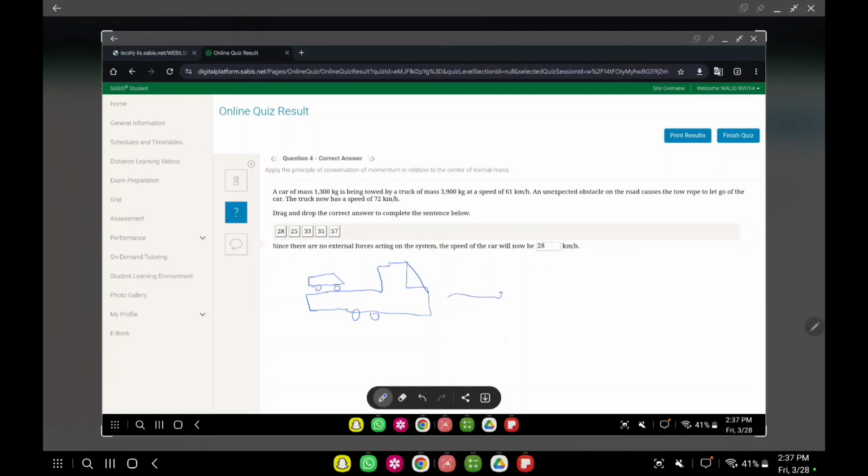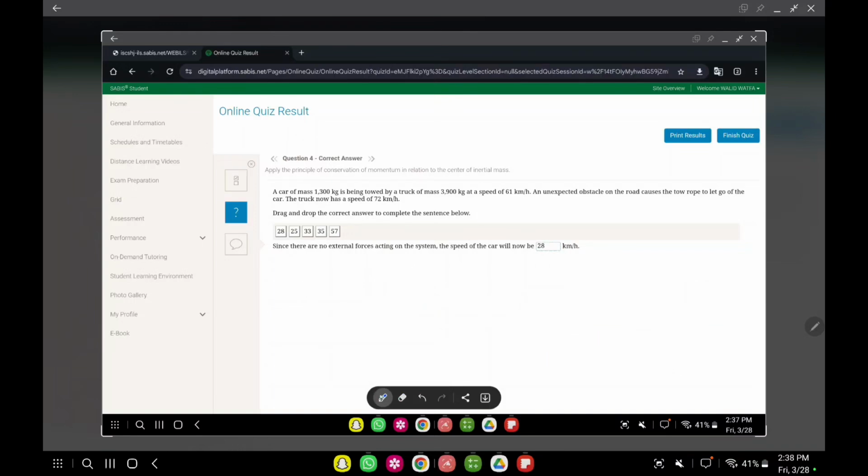So it's moving, and then it suddenly splits into two pieces: the car and the truck. So it now splits into two pieces. Isn't this like what we solved in the previous question with the shell, the big shell exploding into two smaller pieces? Yes. So you can use the same logic.